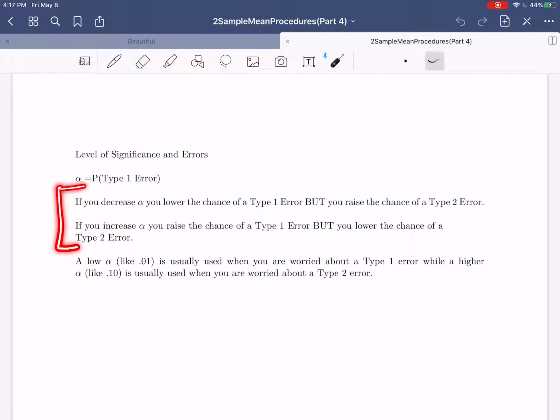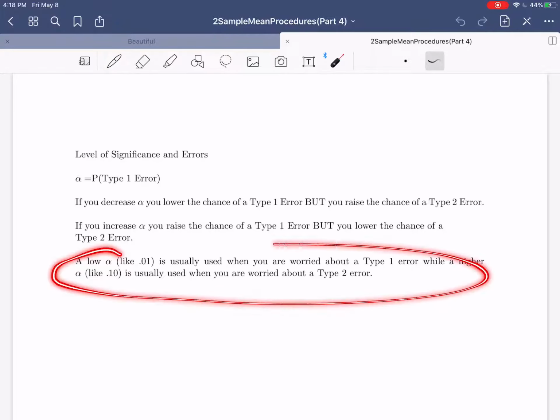Mathematically, these two sentences tell you that the chance of making a type 1 error and the chance of making a type 2 error are inversely related. If you cause one to go up, the other will go down. Unfortunately, as we discussed way back when we first introduced hypothesis testing, it's very hard to remove both types of errors, right? The harder you make it, the lower the chance of a type 1, the higher of a type 2, and vice versa.